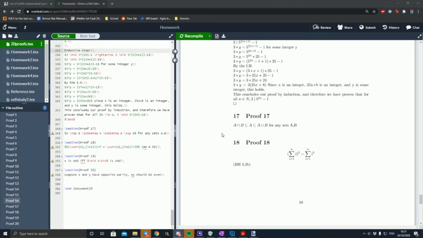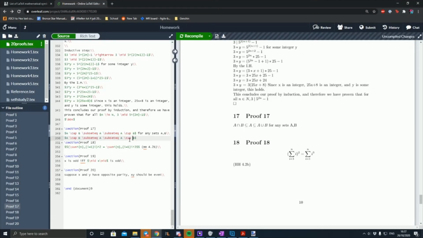So we have: the intersection of A and B is a subset of A, which is a subset of the union of A and B, for any sets A and B. The first step is writing this into propositional logic.